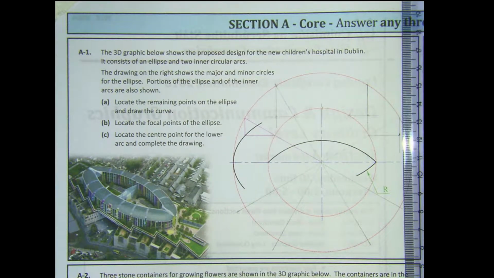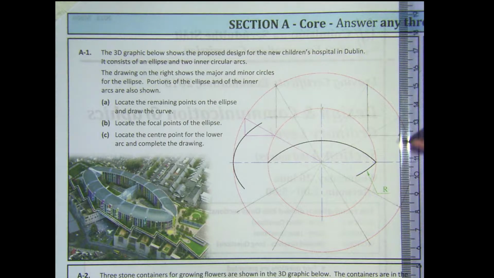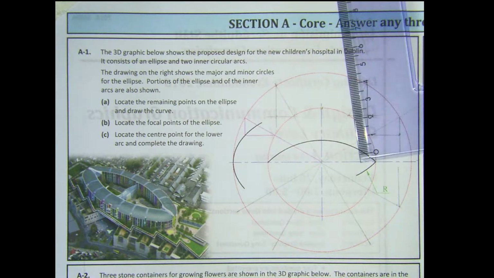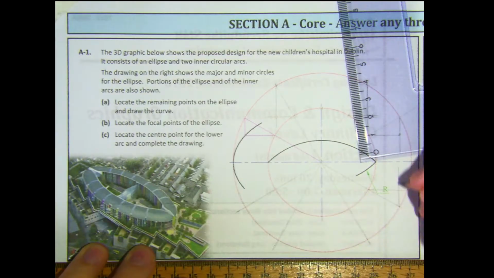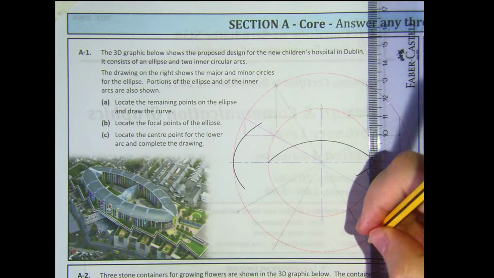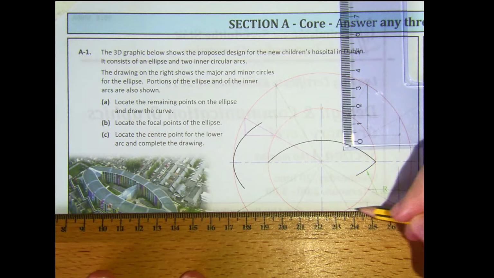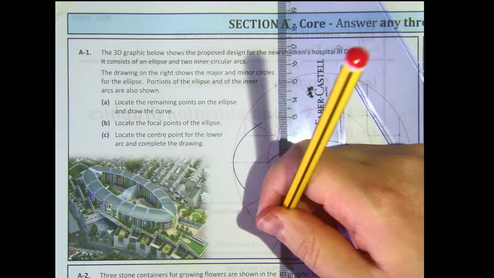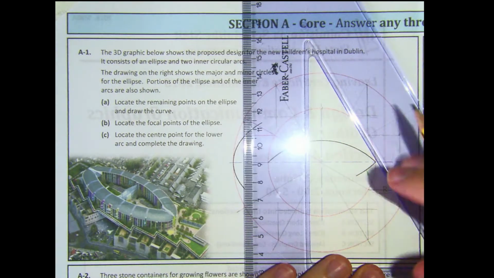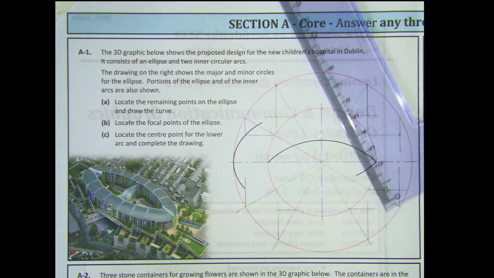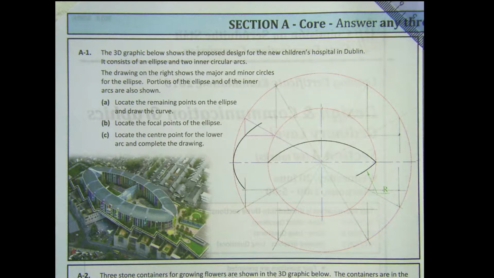So down the bottom it's the same. This line cuts the major auxiliary circle, perpendicular to the major axis is there. Perpendicular to the minor axis from that one. And that gives us as many points on the curve as we need.